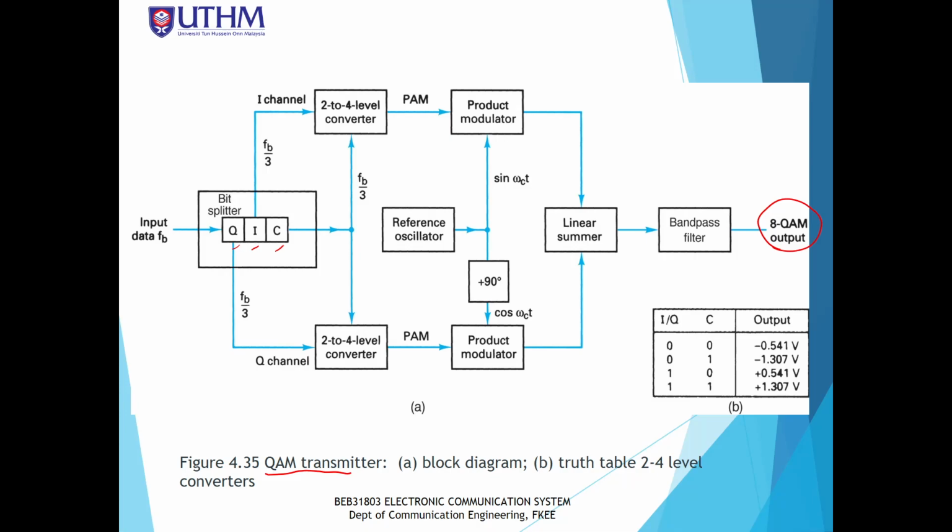At the input, we will separate the bits. The Q bit will go to the Q channel, the I bit will go to the I channel, and the C bit, the control bit, will go to both the I channel and the Q channel. Both the I channel and the Q channel have a 2-to-4 level converter.